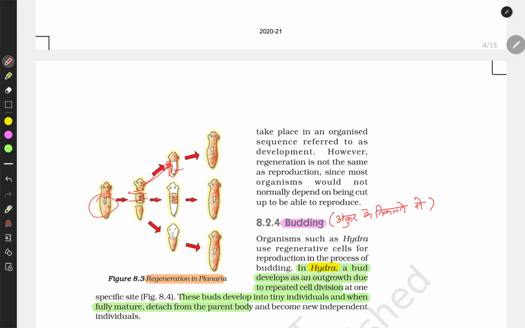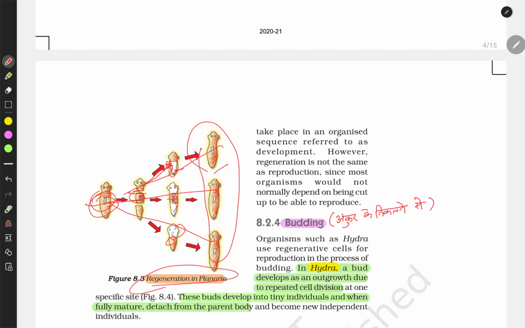This is how the middle part can also regenerate the upper part and lower part, and the lower part can generate the upper part, and ultimately the cut pieces form three separate individuals by regenerating the cut-out organs of the body.